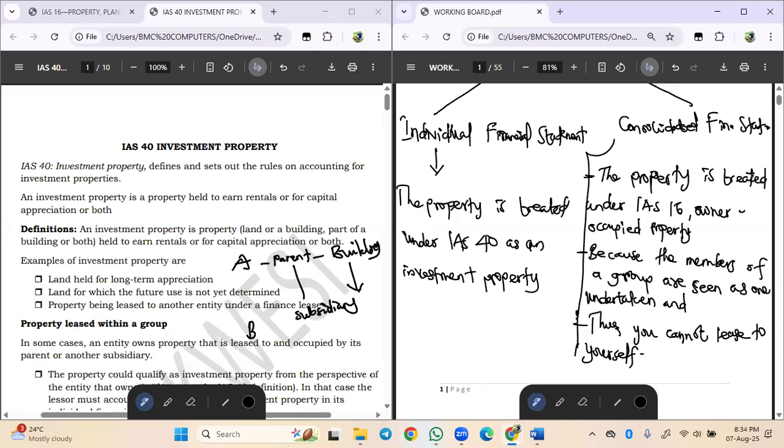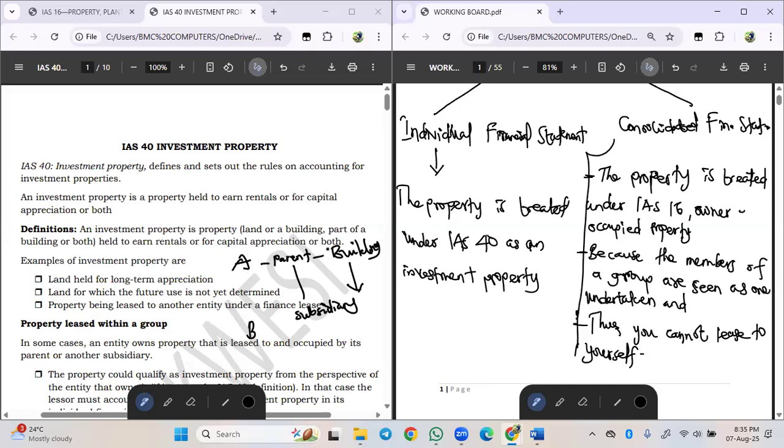From the perspective of the owner, he will see it as IAS 40, because they rented it out and they will be expecting some income. But from the perspective of the group, it is seen as owner-occupied property, because it is used by the same entity or by the same group.